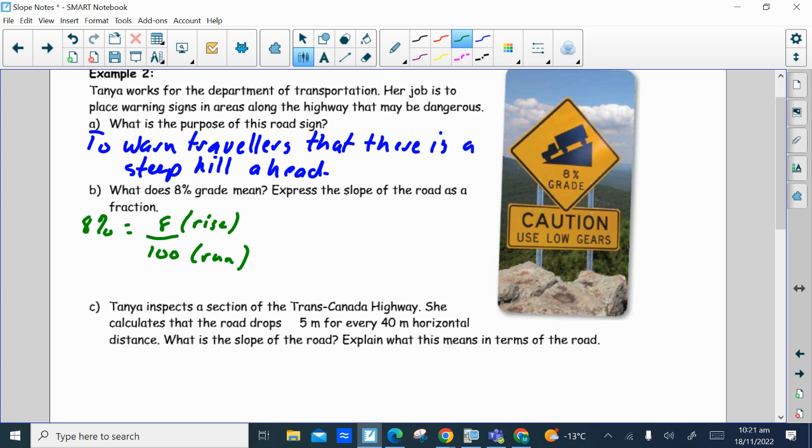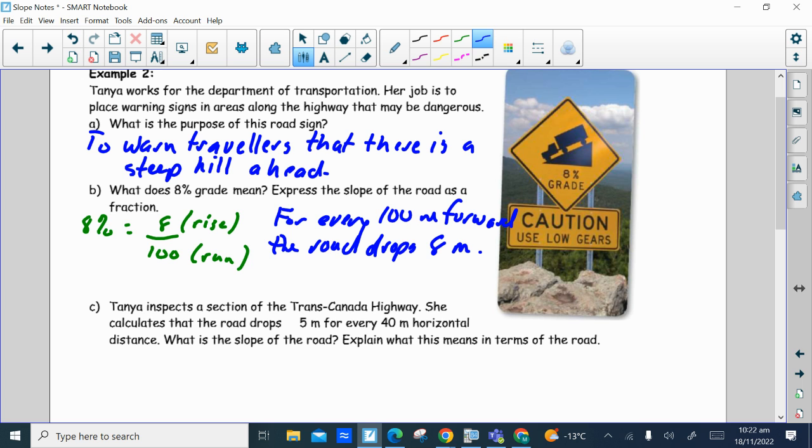And if we apply this to slope, which is rise over run, this means that, again, for every 100 meters forward, the road drops 8 meters. That's what it means.